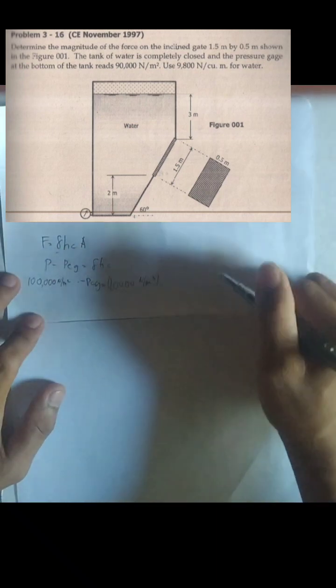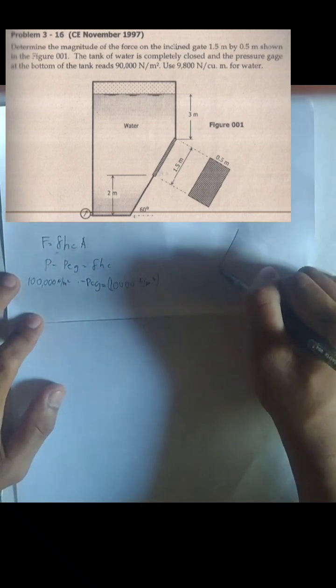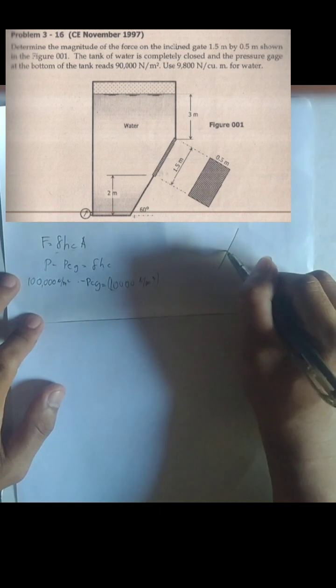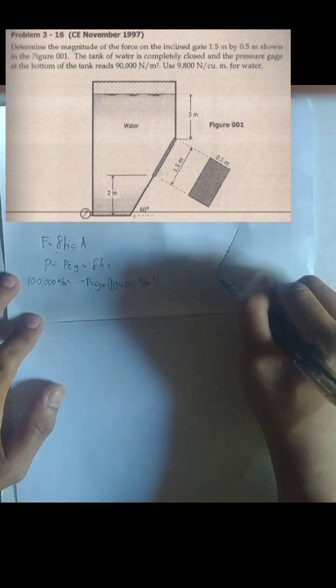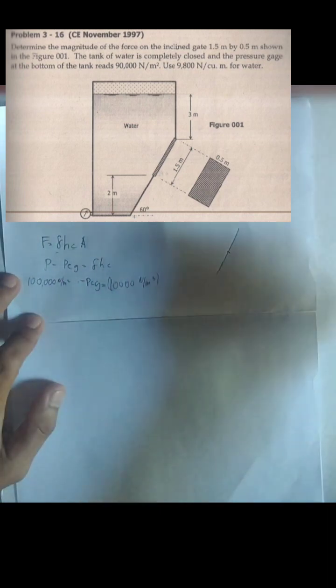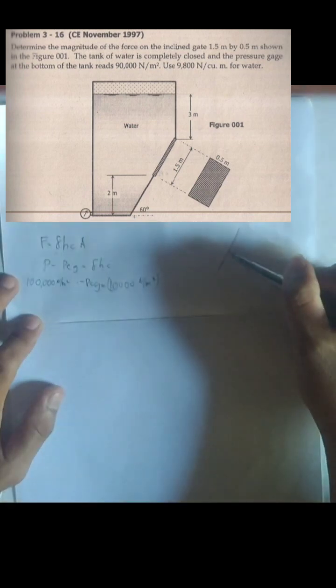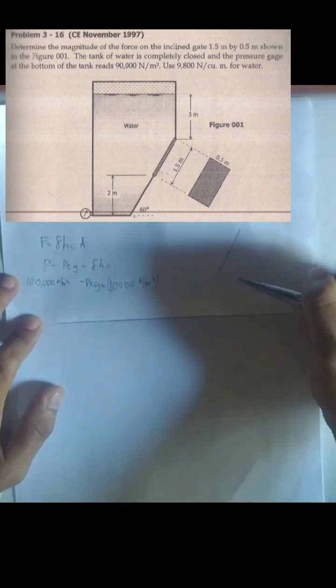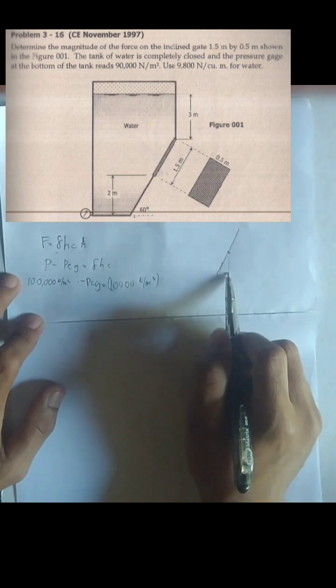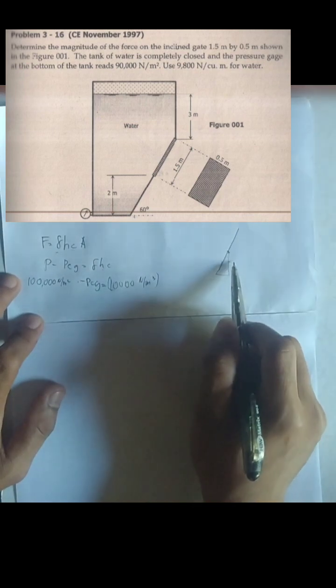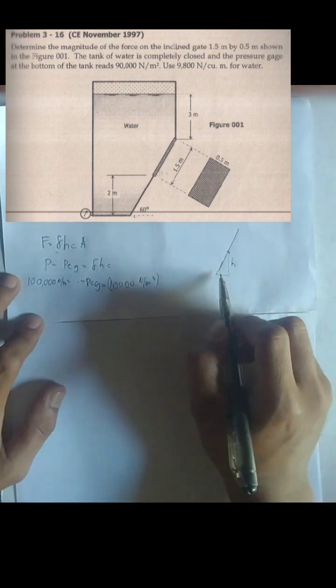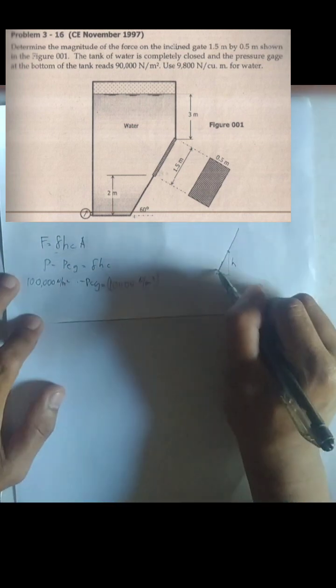Here the plate looks like this, and here is our center of gravity. Now we are looking for the height, which is here. In the figure it is shown that this angle is 60 degrees.